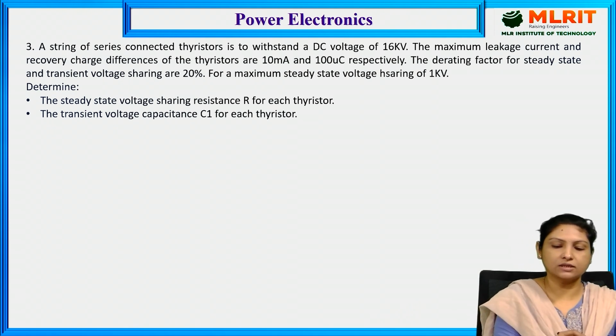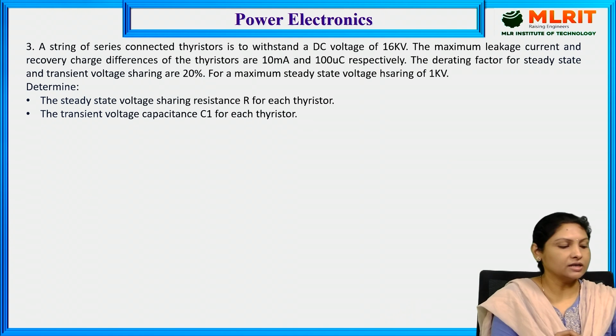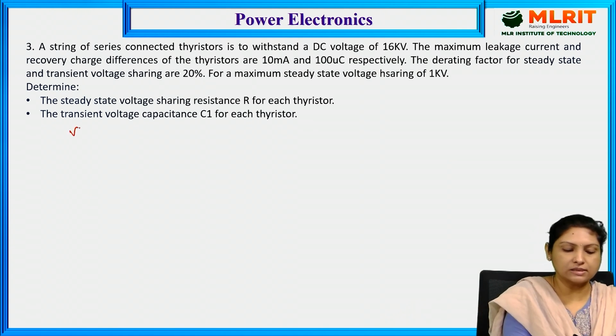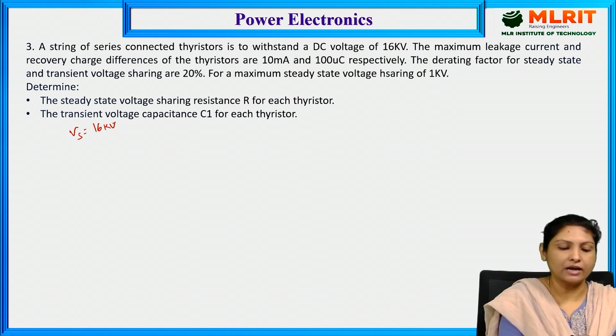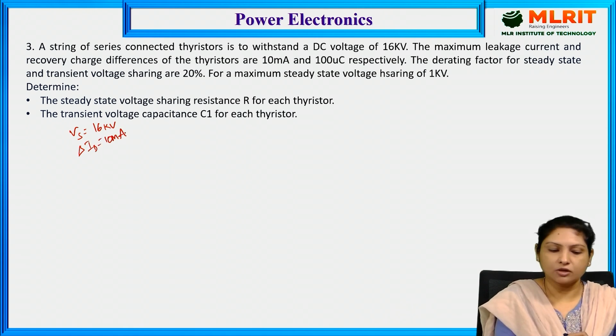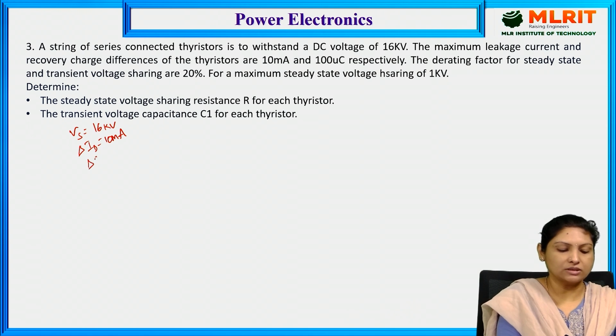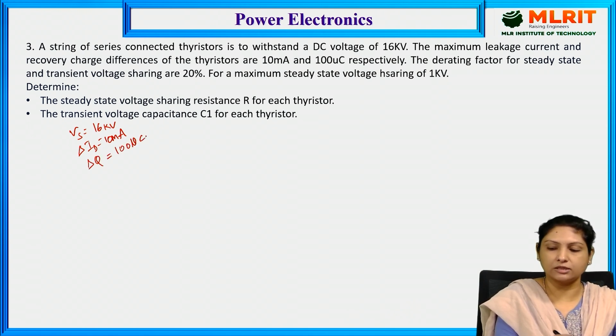And the third problem we have, let me write down the given data in the similar manner. A string of series connected thyristors to withstand the DC voltage of Vs equal to 16 kilovolts, and maximum leakage current and recovery charge difference. That is leakage current, given by delta ID, which is equal to 10 milliamperes, and charge difference, denoted with delta Q, which is equal to 100 microcoulombs respectively.